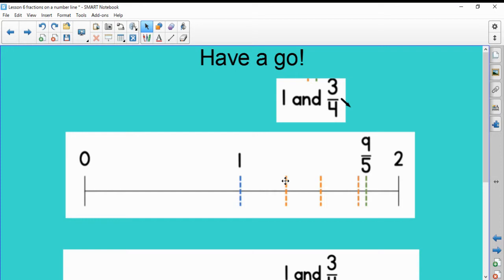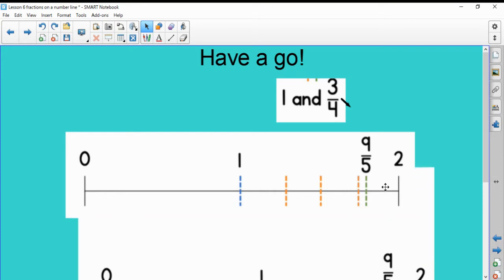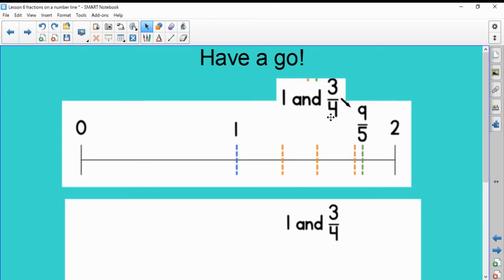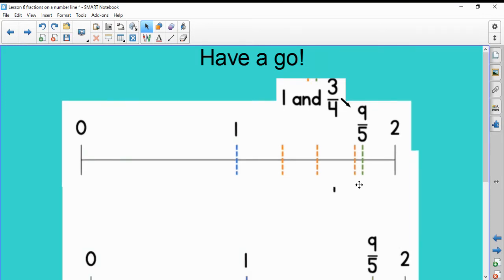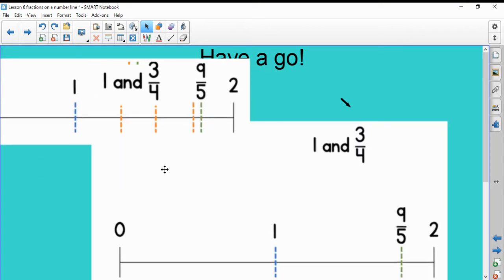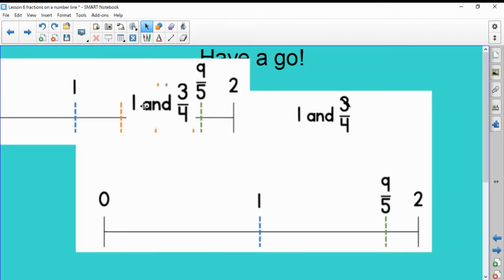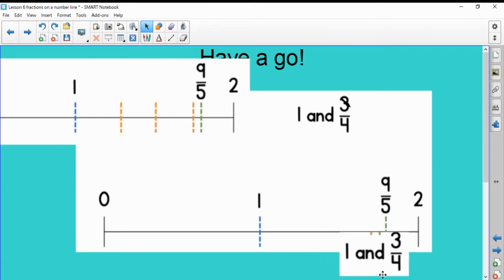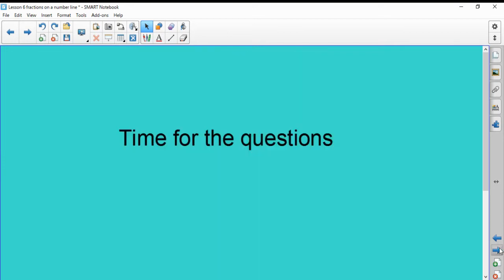Here's 1 1/4, 1 2/4, 1 3/4. Just move this to the side and we can see 1 3/4 just comes just before 9/5.